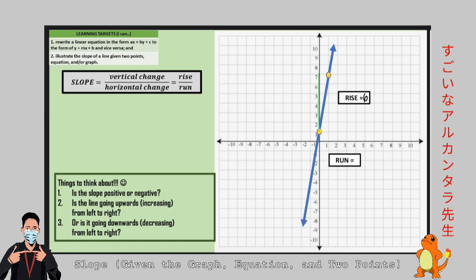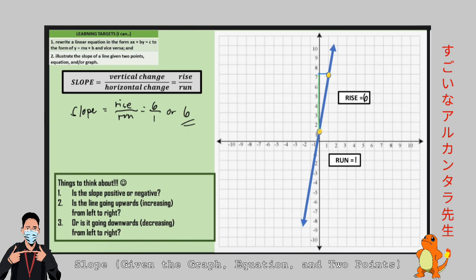We simply run by 1 unit from this point to here. So that means we have rise equal to 6 and run equal to 1. To get the slope of this straight line, all we have to do is apply the formula rise over run, and this will give us 6 over 1, which is also equal to 6. So this is our slope for this given.